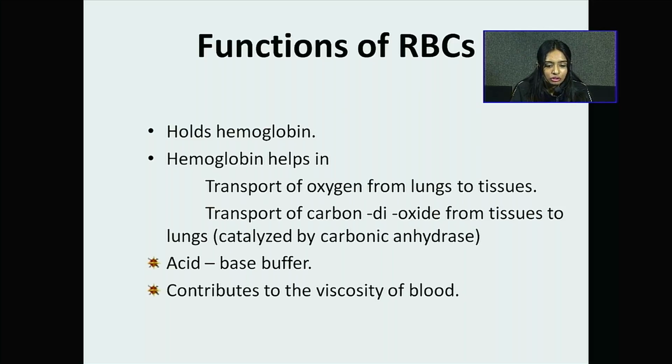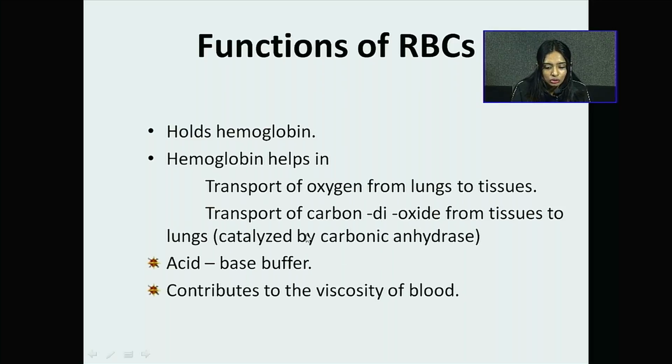Then further functions of RBCs. As I told you, the main function of RBC is to transport gases, that is CO2 and O2. Hemoglobin helps in transport of oxygen from lungs to tissues and transport of carbon dioxide from tissues back to the lungs. The transport of carbon dioxide from tissues to lungs is catalyzed by an enzyme known as carbonic anhydrase.